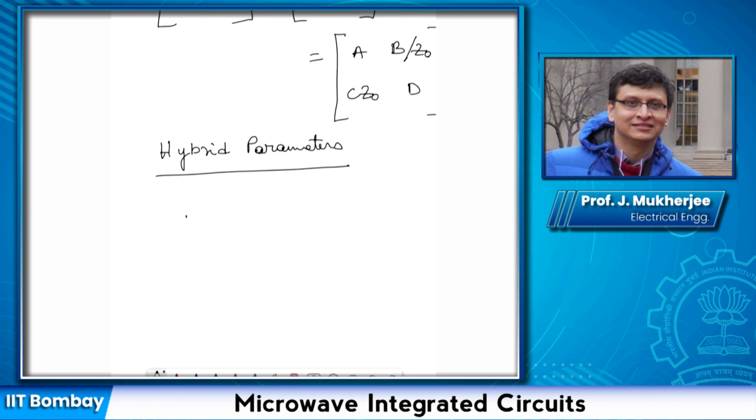So again, let's come back to our two-port network, which is very important actually. In fact, when we discuss filters, we'll see that the entire chapter is on filters, which is a two-port device. And when we discuss amplifiers, there also the two-port network becomes very important.